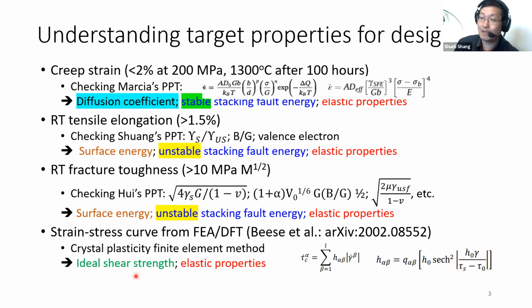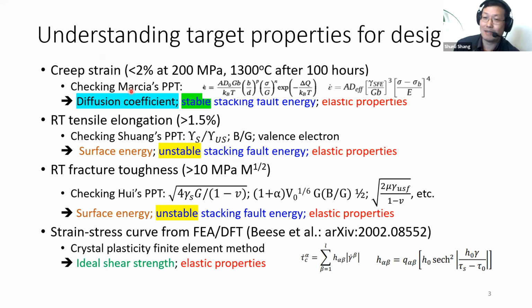Based on the last 2 months' work from the students, we know majorly we'll talk about these 4 kinds of design criteria. The first 3, and the last one is the strain stress curve. First one, our alloy will have the creep strain requirement.